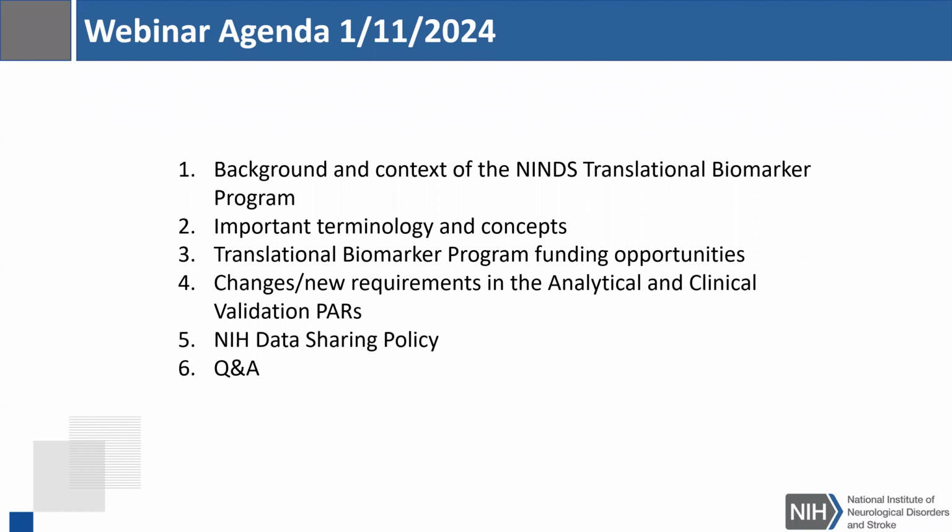I'm going to be talking about the Translational Biomarker Program funding opportunities, including the analytical and clinical validation PARs that have been reissued, and they should be out on the street soon. And there are a couple of changes and new requirements to the analytical and clinical validation PARs, so I'm going to briefly touch on those. We're going to have a quick reminder about the NIH data sharing policy, and then, as Rakanda said, we're going to do the Q&A.